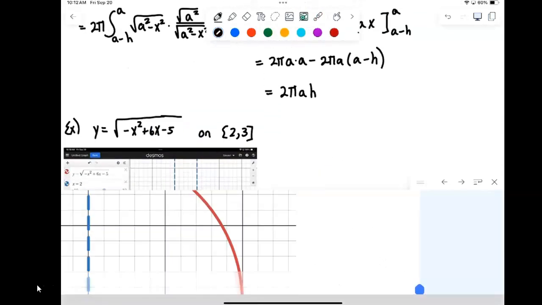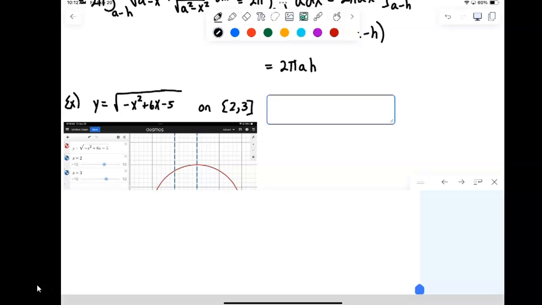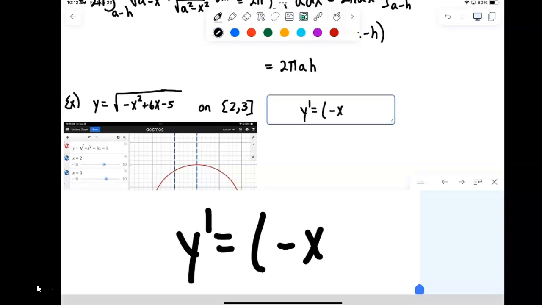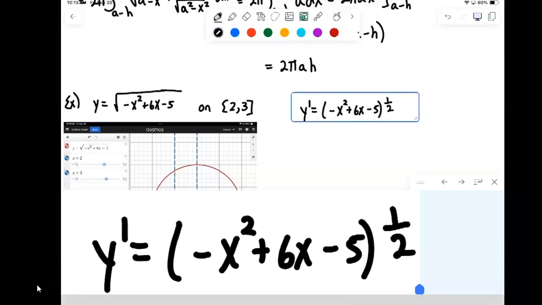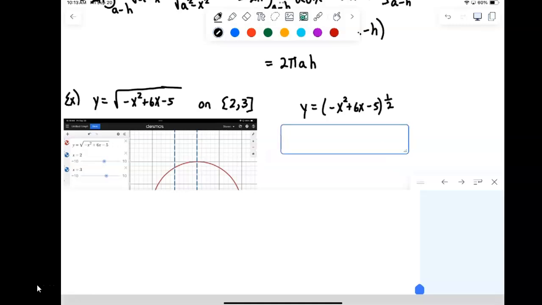So let's compute that. Towards that end, I'm going to rewrite y using a fractional exponent: that stuff to the 1/2. Now we'll do y prime using the chain rule.